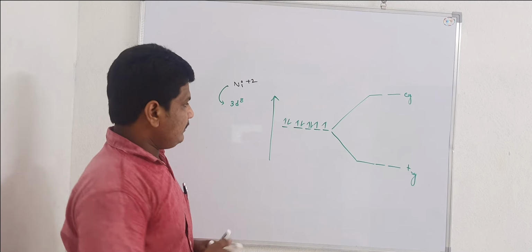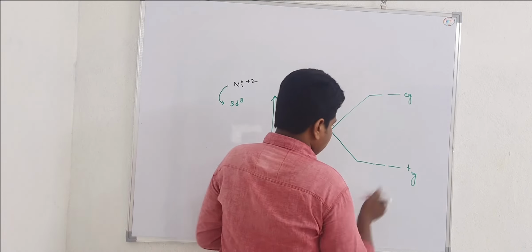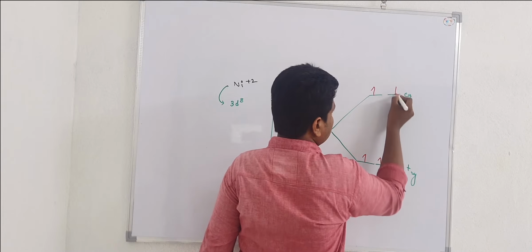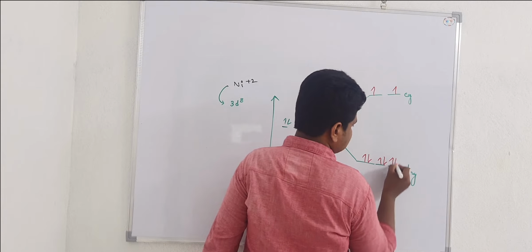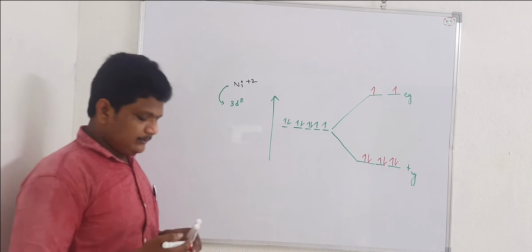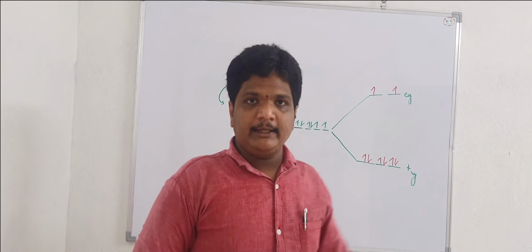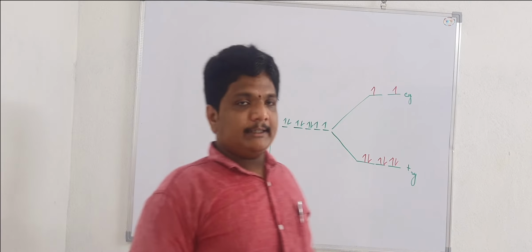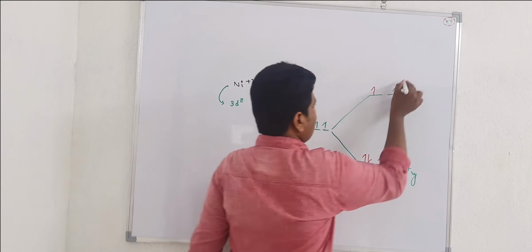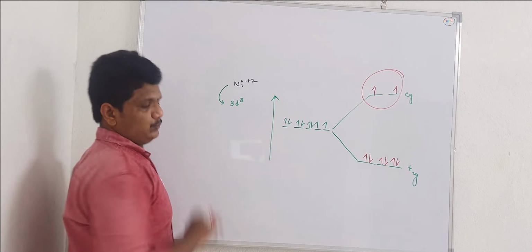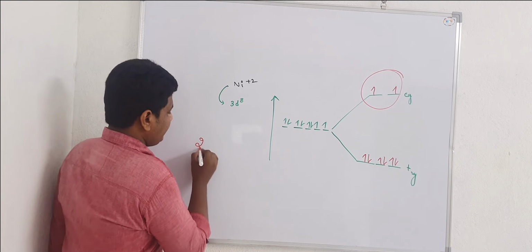Here we have 8 electrons arranged like this. This is the arrangement of electrons in the octahedral geometry of Ni+2. We can observe 2 unpaired electrons in the case of Ni+2.